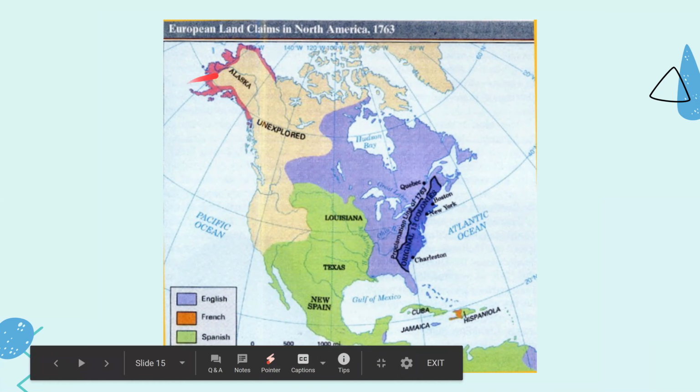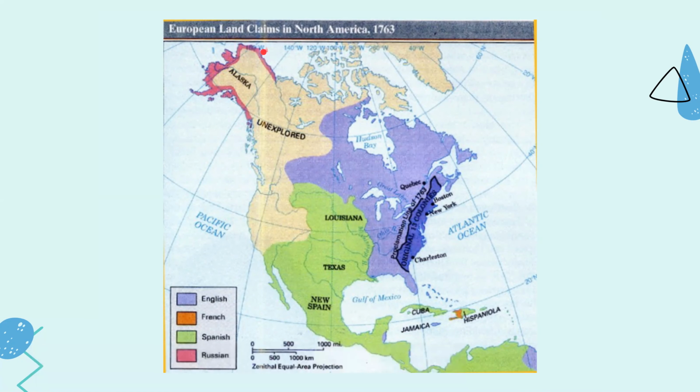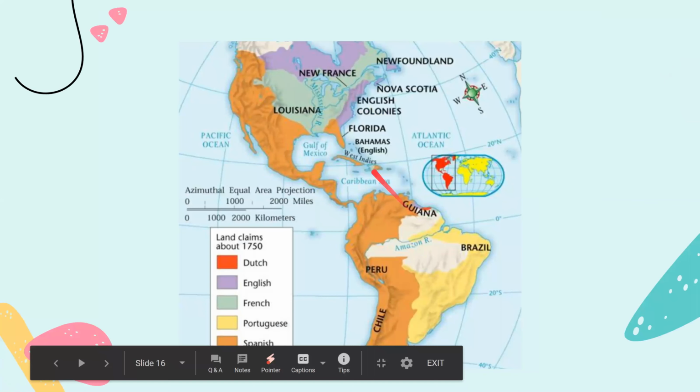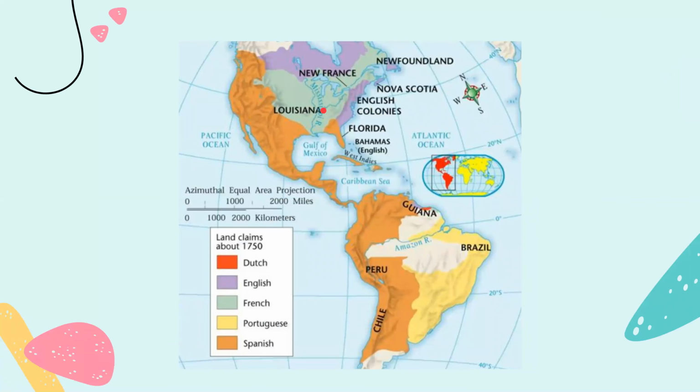We see this little area of Alaska owned by Russia. And then we see the bottom parts of South America. Also, I believe that this map is more accurate to the general time period that I was trying to talk about. The blue we see is the Spanish. They had a huge expanse of land. By this moment, the Louisiana section is owned by France.